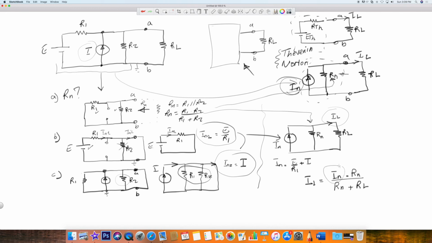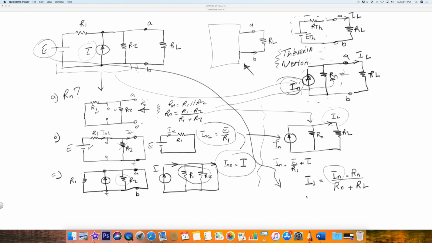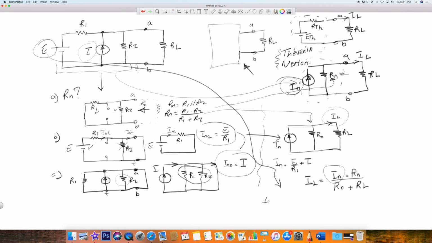Now we could replace IN here with what we have here and see what that gives us. Okay, so we're going to substitute IN by this value here. Not that it will make a major difference. So let's see what IL might look like if we did that. And that would be E over R1 plus I, all of this times Rn divided by Rn plus RL.